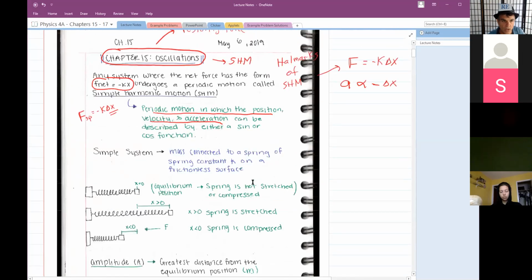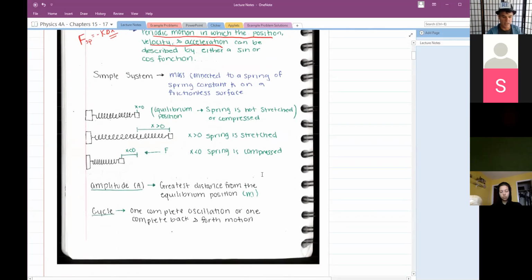Okay, so going back to this. We're going to consider our simple system to be a mass connected to a spring. And again, the reason we're doing this is because it's a simple physical system that you can look at in the lab. Everybody's played with springs before, but it's not that springs are so unbelievably important. It's because there are many systems where the force is negative some constant times the displacement.